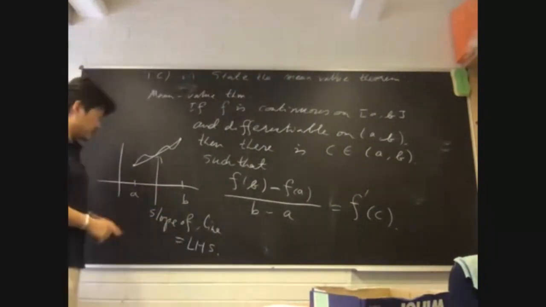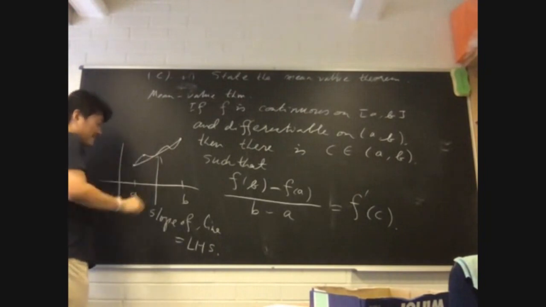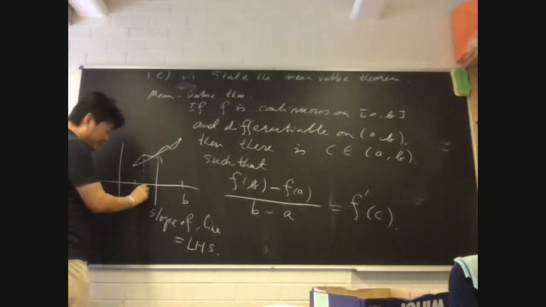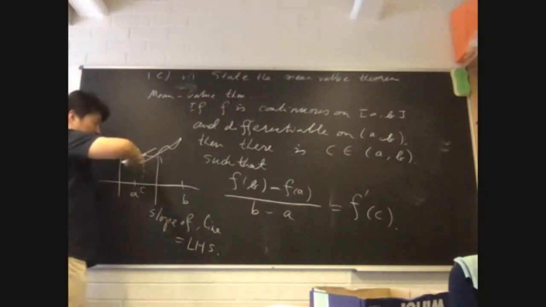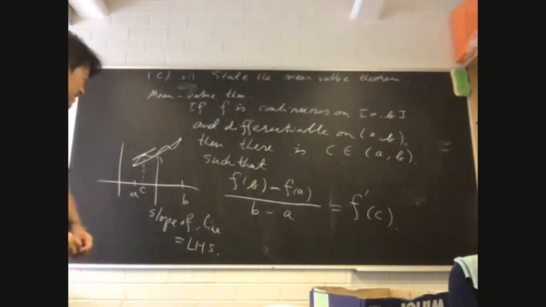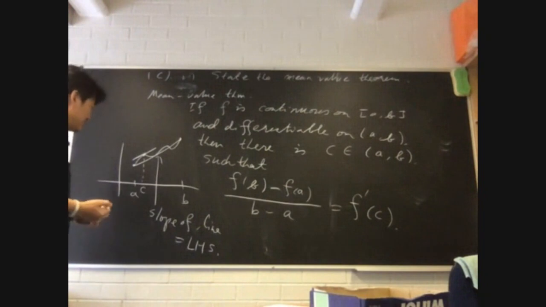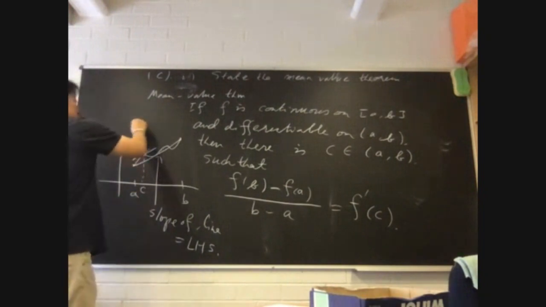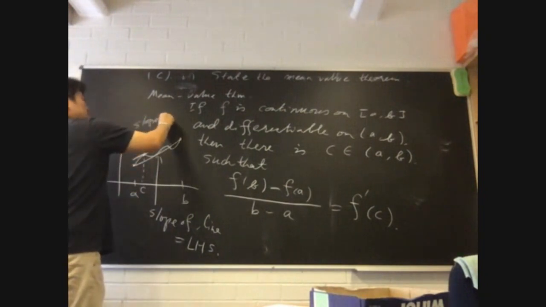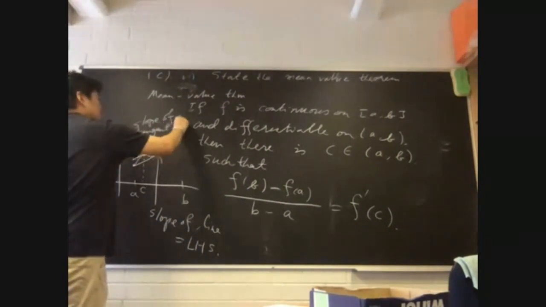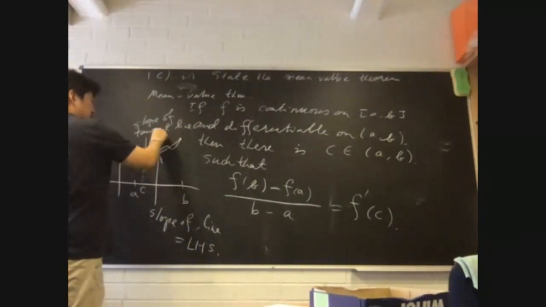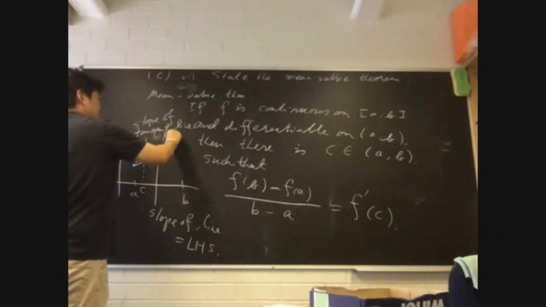From this picture, there may be more than one such point. That could be a potential point for c, because the slope of the tangent line here is exactly the slope of the secant line going through f(a) and f(b). That's your right-hand side.